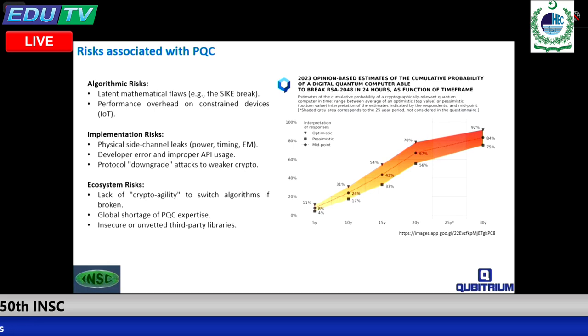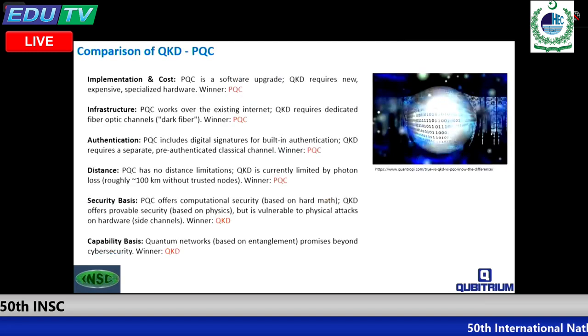Would you like to build the whole country's cybersecurity infrastructure based on that thought? Well, there's a trade-off. We need to think about that as well. So that's another weakness. Basically, there are lots of risks associated with PQC as well, although it is easier to implement and it's ready to fire. So let's have a look at the comparison of QKD and PQC.